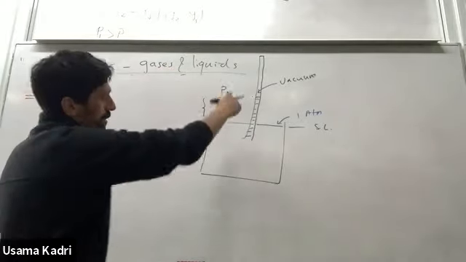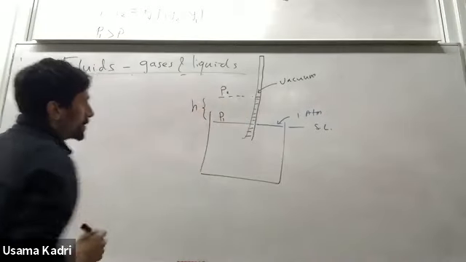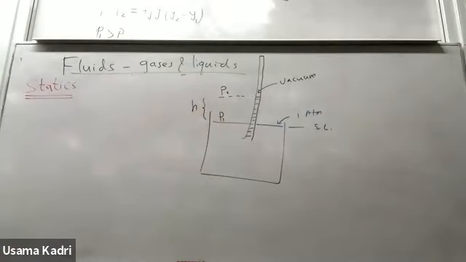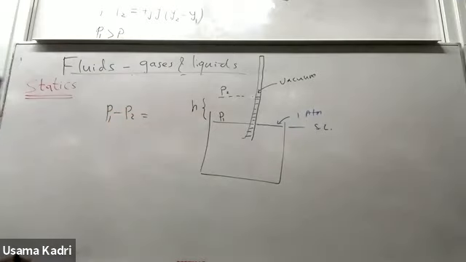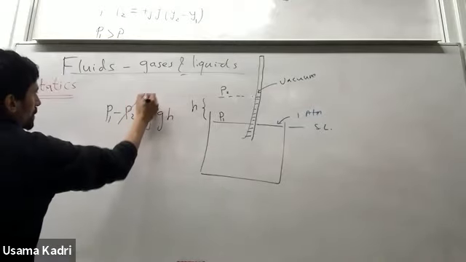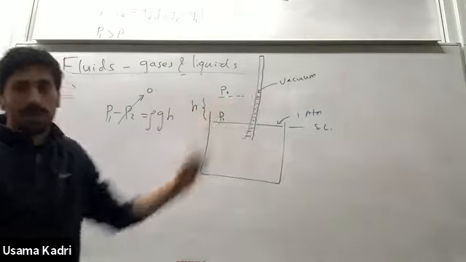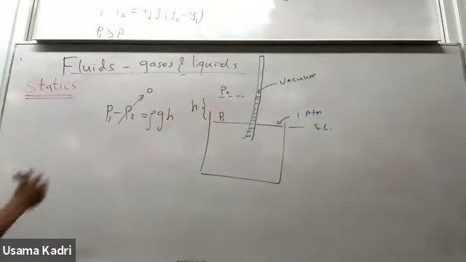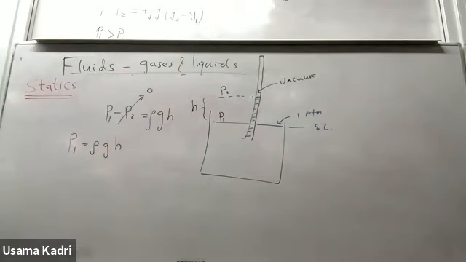You reach that point and you can just measure that height. That's h. So we know that P1 minus P2 is rho g h. But P2 is 0. It's not moving anymore. There's a vacuum there. It reached 0. So P1 is simply rho g times h.